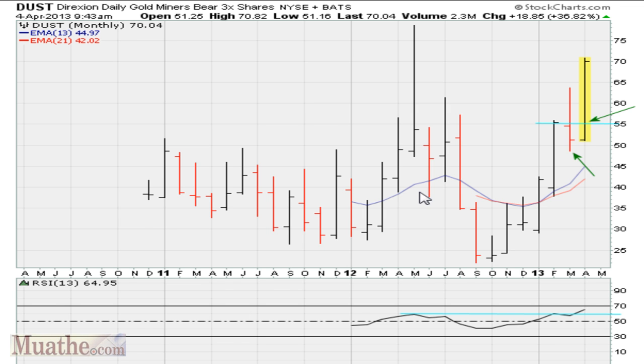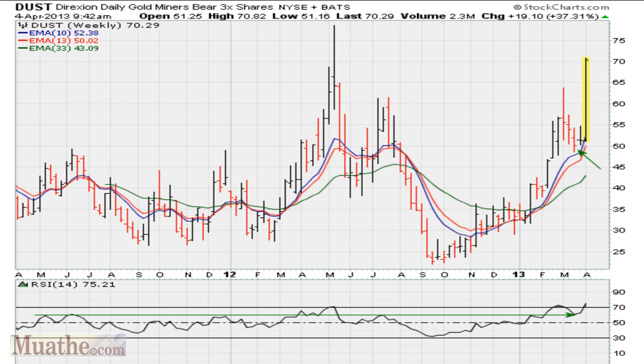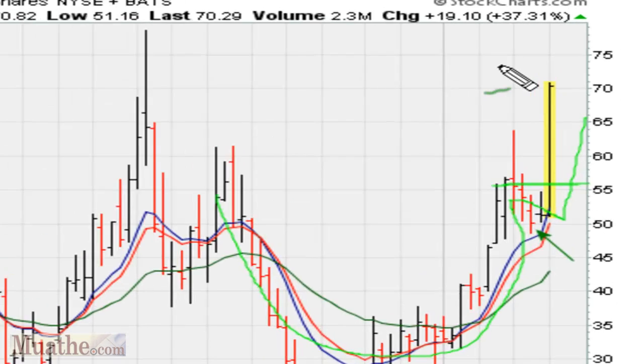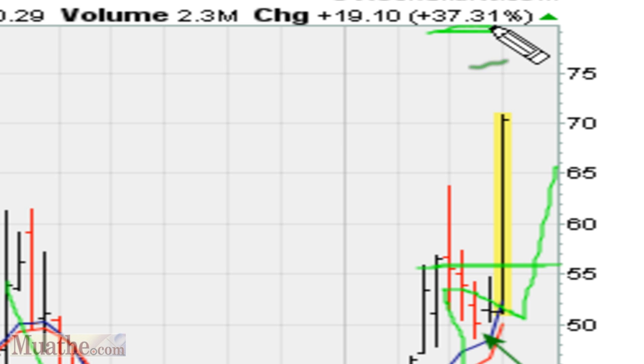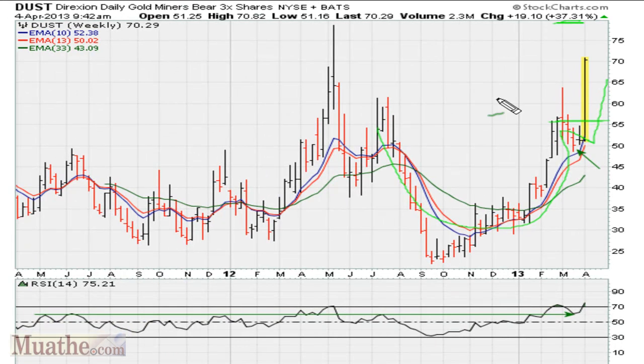If you take a look at the weekly, you'll see that there was a cup, handle, and a breakout. And for the week also, the instrument is up about 38%, which is very good. Now, the thing I wanted to sensitize you to is also here on this level, on the RSI, this green line is where this instrument had been struggling.